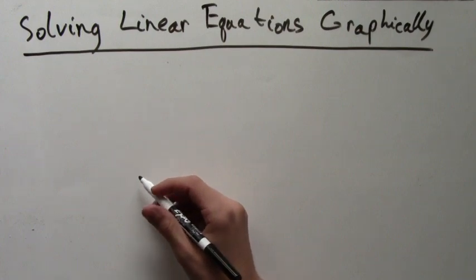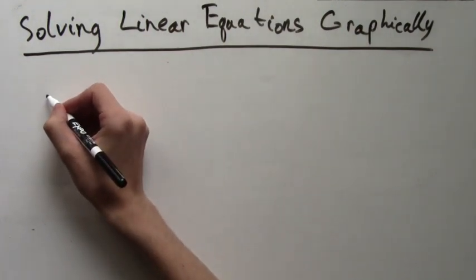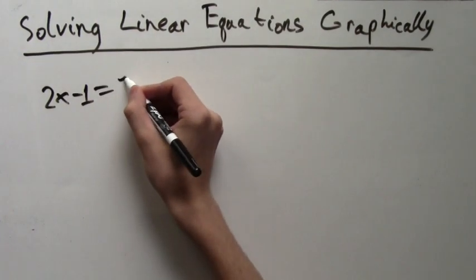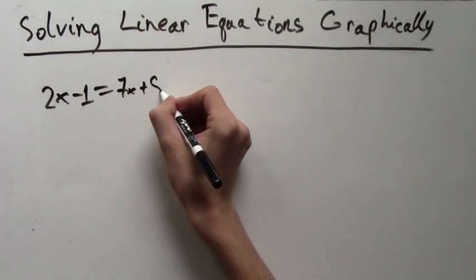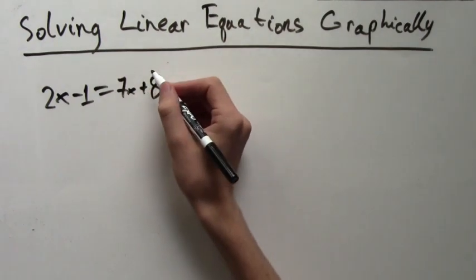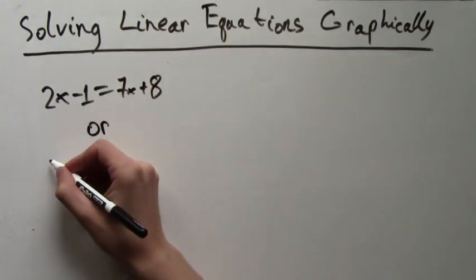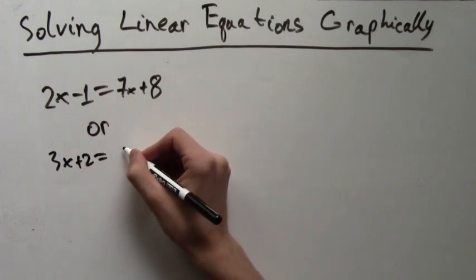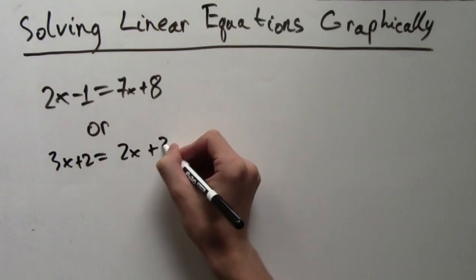So a linear equation could be, for example, 2x minus 1 equals 7x plus 8. Or it could be 3x plus 2 equals 2x plus 3.